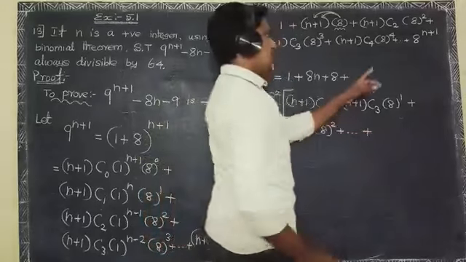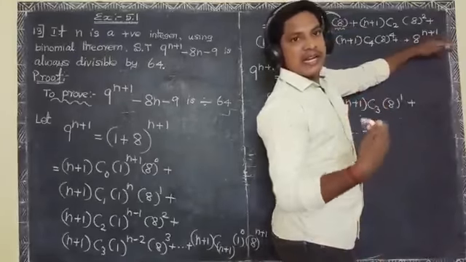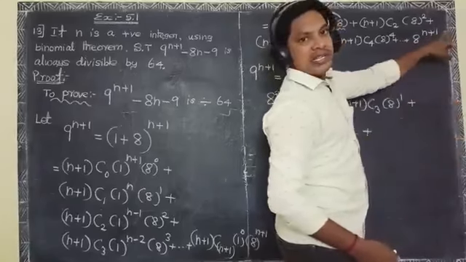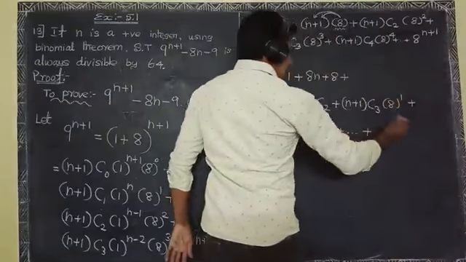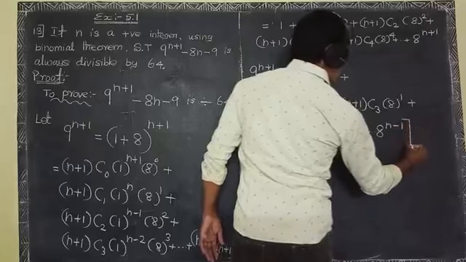Then in the last term, 8 power n plus 1 divided by 8 square leaves 8 power n minus 1.